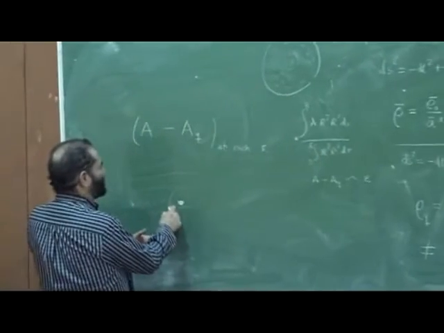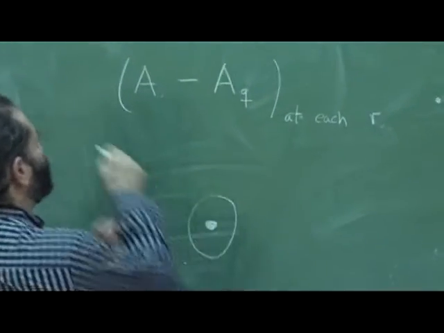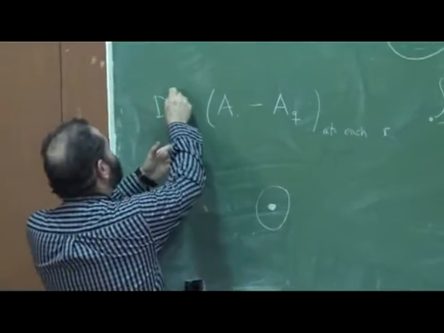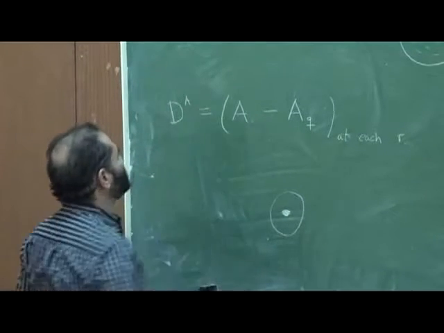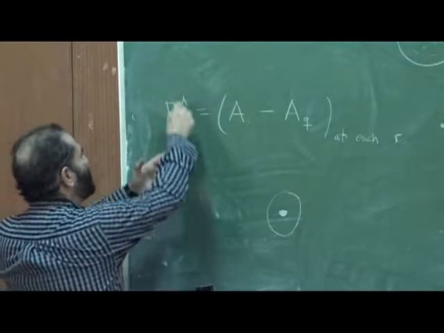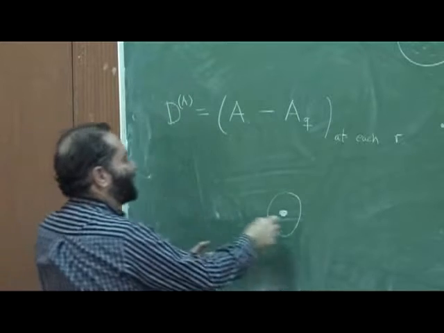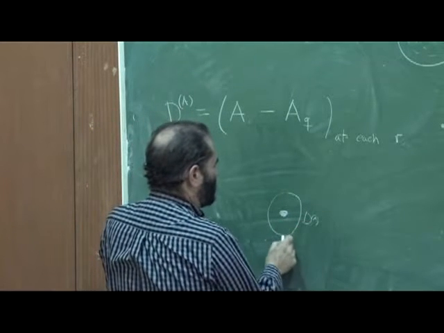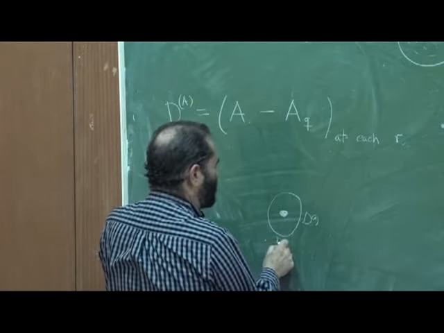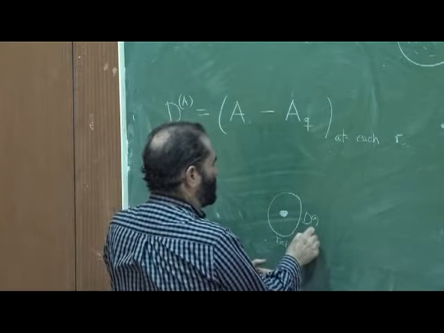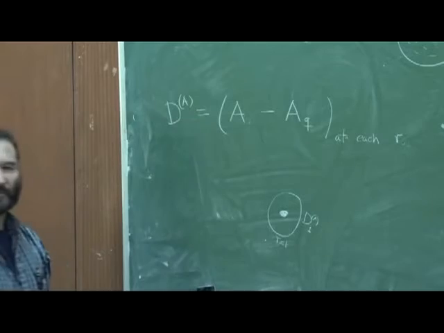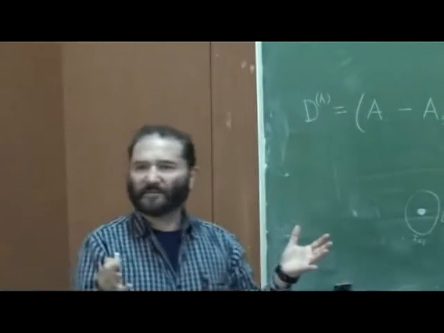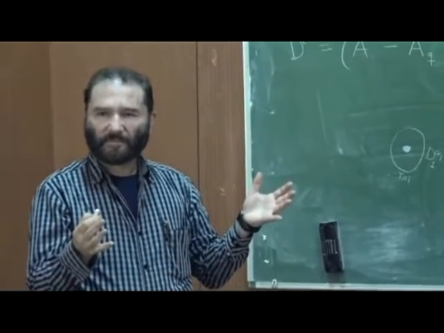Now, we take a small neighborhood. Let's call this dA, right? So here we evaluate dA for this r, let's say r equals 1, dA 1, okay? And it's a number.